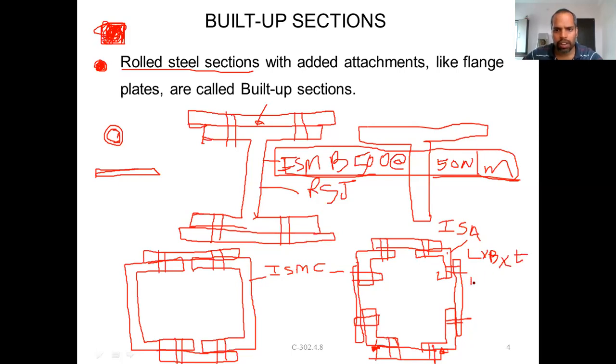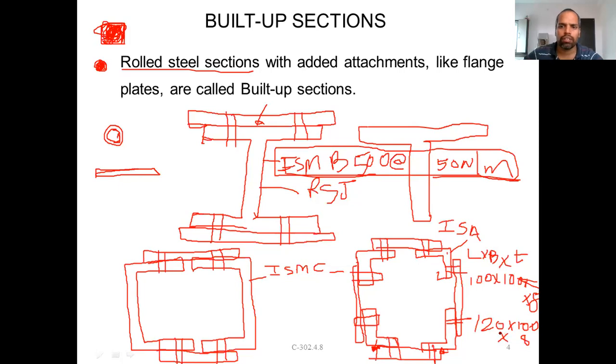For example, if it is an equal angle, then it will be 100 into 100 into, let us say, 10 mm or 8 mm, whatever the available size. Sorry, 100 into 100 into 8. Or if it is an unequal angle, let us say it is 120 into 100 into 8 mm.